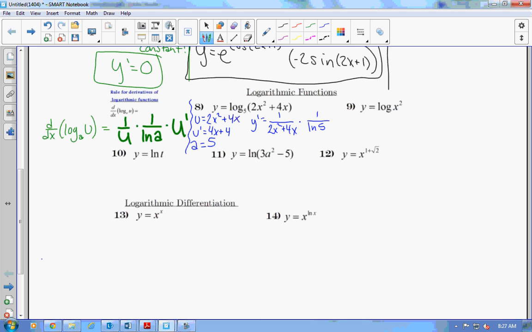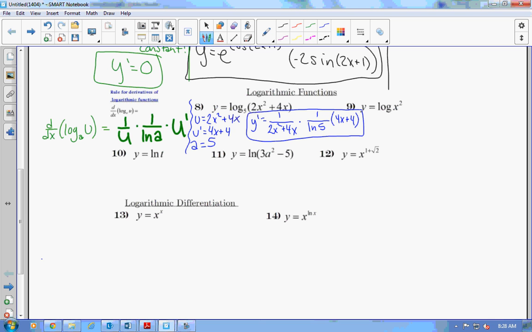And u prime was 4x plus 4, right? So you can see exponentials and logarithmics get messy really fast when you're taking the derivatives, especially if the exponent or whatever's inside the function is not just x. If it is another function itself, it gets really messy.